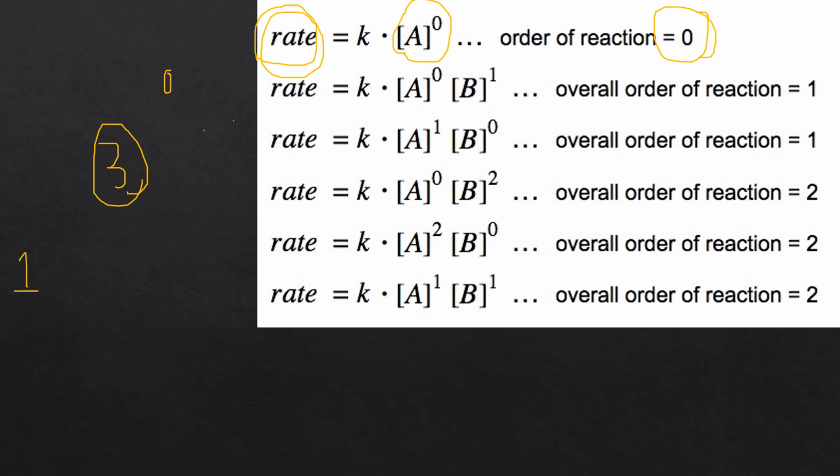Just suppose that this is 1 and it produces 1. If we make it 2, it will be 2. That means if we double it, it will be double. That means it's the first order.